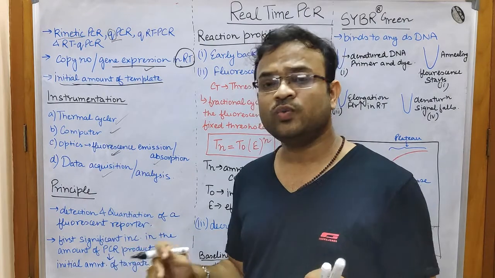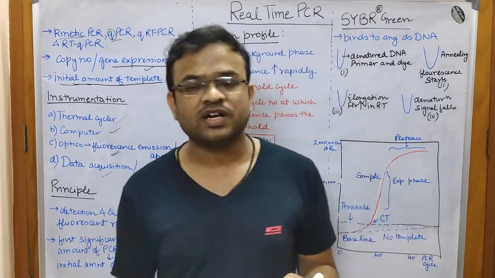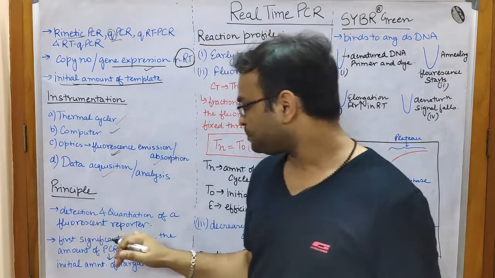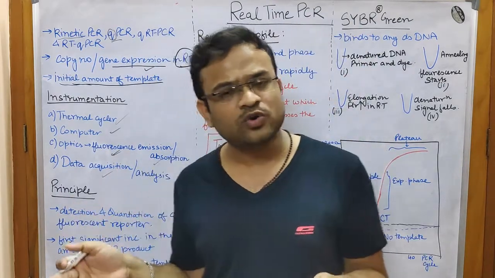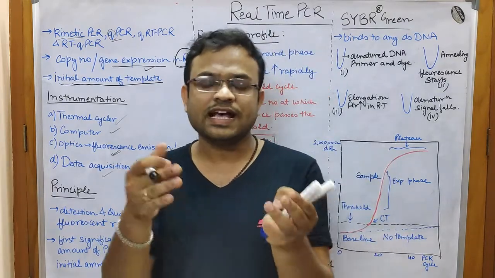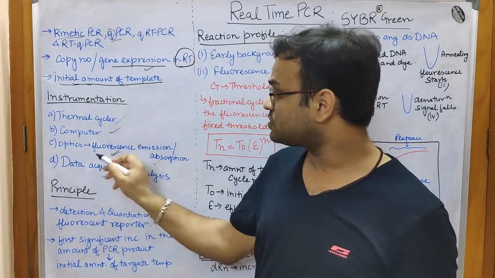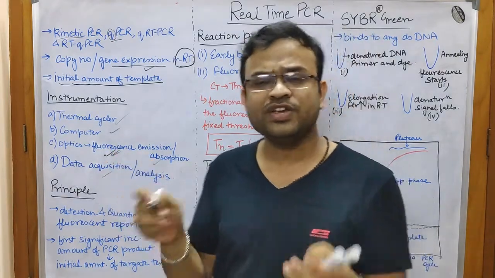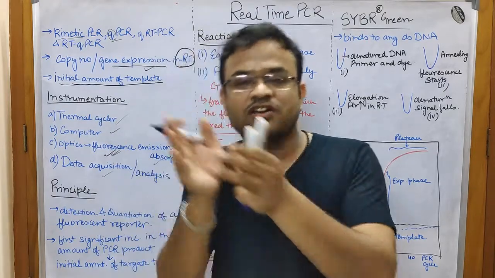So we detect and we quantify how much fluorescence reporter is present. How do we do that? Because the reporter has the property of emitting fluorescence. So we have this optics instrumentation which would of course tell us that this much fluorescence is being generated.